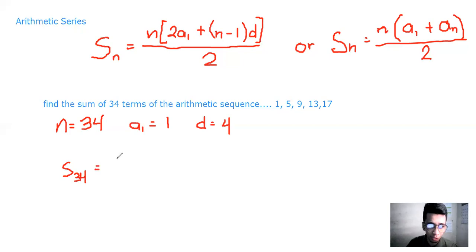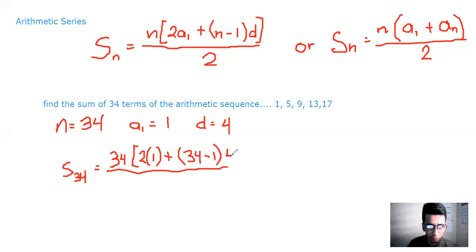Then, ang n natin dito is 34 over 2 times, ang a sub 1 natin is 1, or 2 times 1, plus, ang n natin is 34, minus 1, then what is our d? 4, over 2. Okay? So, ganyan na.